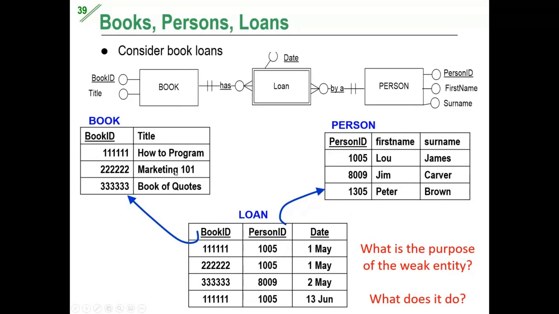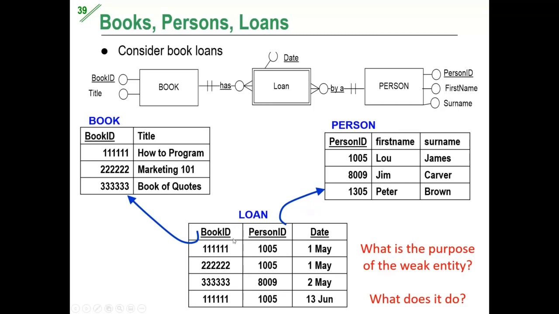He borrowed the book called How to Program, and you can see he also borrowed the same book on another date, 13th June. If you don't put a date, we can't allow him to borrow the same book a second time. That is the reason we have a separate attribute date, underlined.